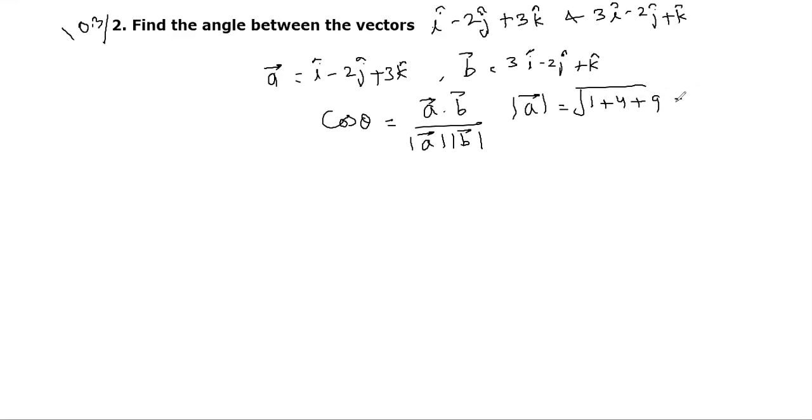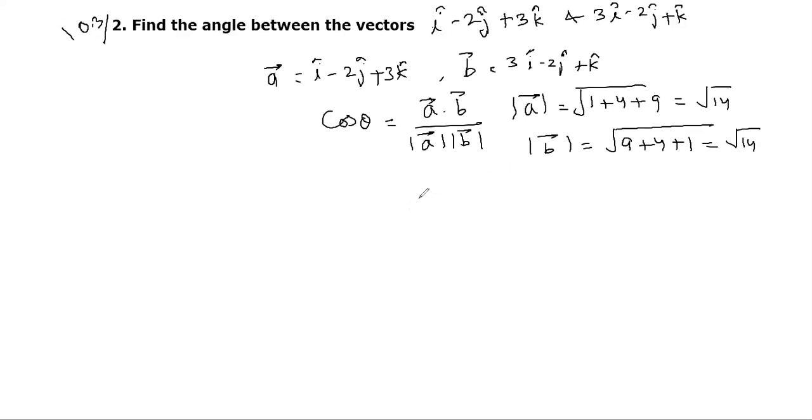So 9, 10, 14, under root 14. Similarly, the magnitude of vector B is under root 3 square 9, 2 square 4, 1 square 1. So again under root 14.